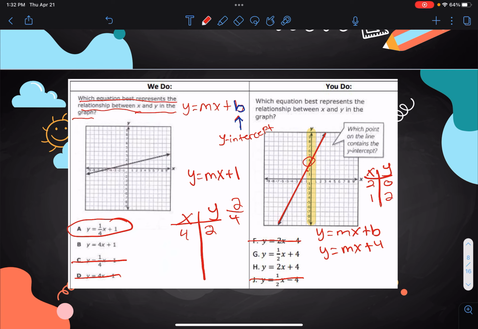Another way you could do it is by finding two perfect points, which would be, let me erase this line so I can look more closely. So like this would be a perfect point, and then this would be a perfect point.